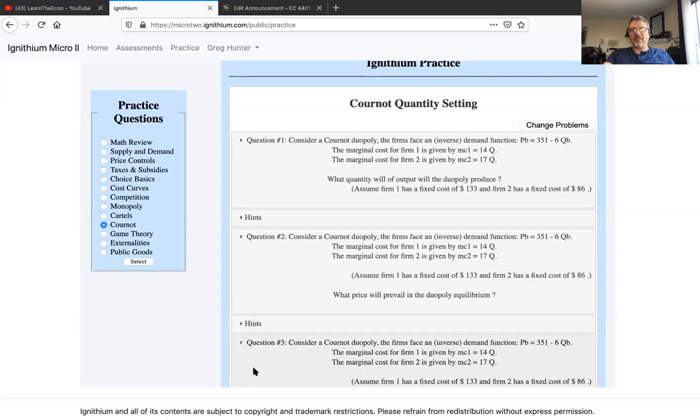When we see MC1 is equal to 14Q, that means the Q for just that business. That's our Q1, as opposed to QB, which represents the total quantity at the market level in the market demand. Maybe you were thinking you had to put in Q1 and Q2 here, but no, that wouldn't make sense.